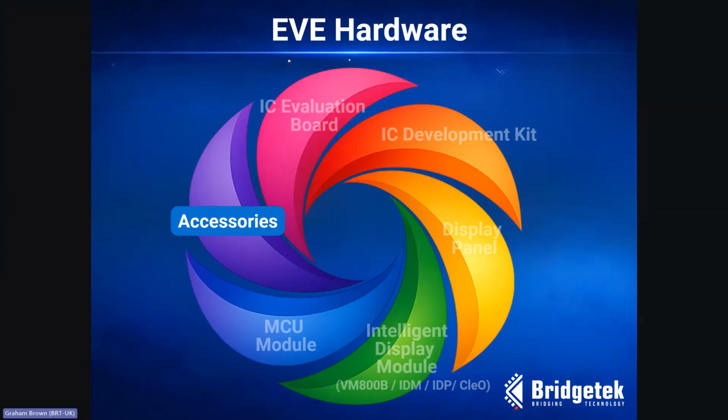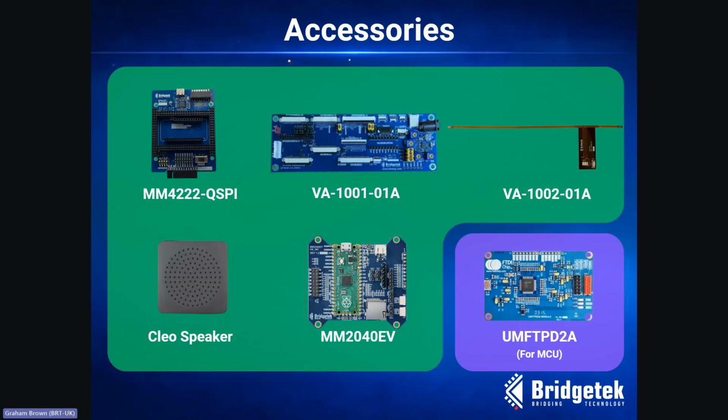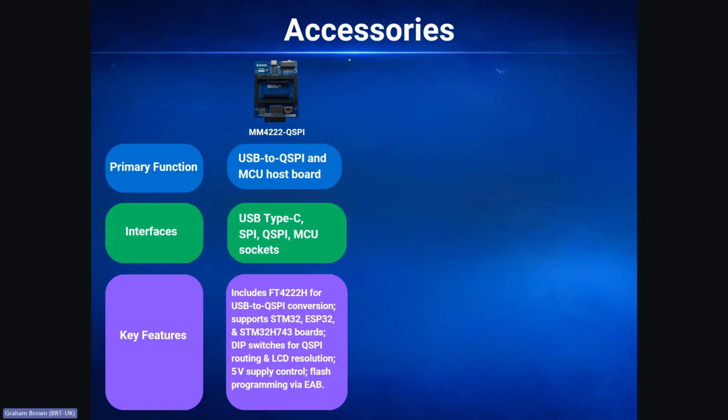Finally, a number of accessories are available for our EVE and MCU products. You can see these highlighted here. In the green are the EVE-based accessories, and the purple one on the bottom right is our MCU-based accessory. First of all, we have the M4222 QSPI, which is an MCU host board for use with EVE-based modules.